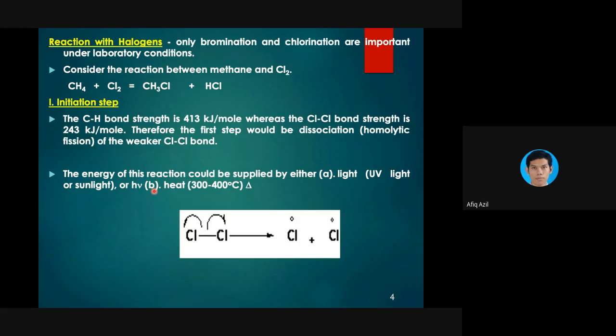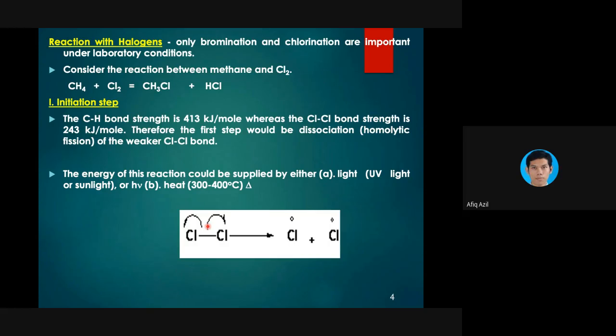If you don't have a source of UV light, you may also supply heat, corresponding to around 300 to 400 degrees Celsius. This energy can be used to break the Cl-Cl bond.